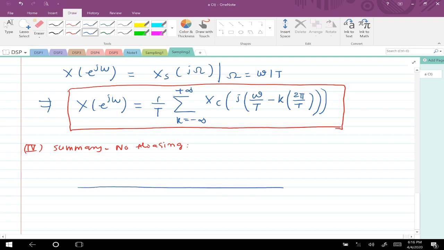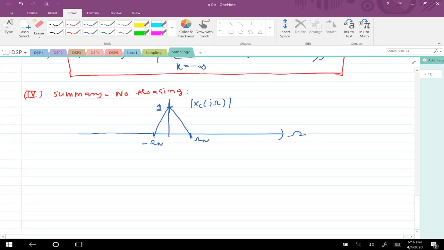Assume you have a signal; this is the magnitude plot of xc of j omega, the original continuous time signal. This is omega. Assume that this is your omega n, and this is your minus omega n. This is your y-axis here. Assume that this magnitude is equal to 1.